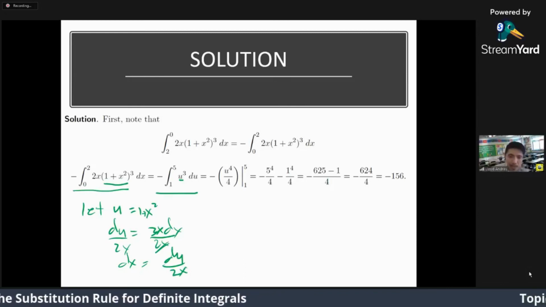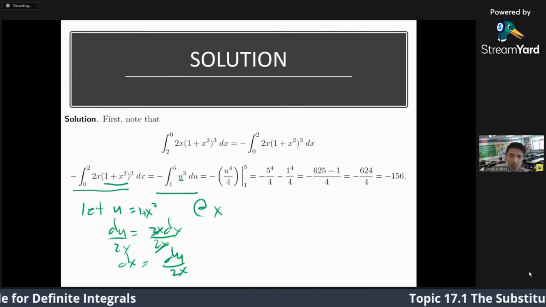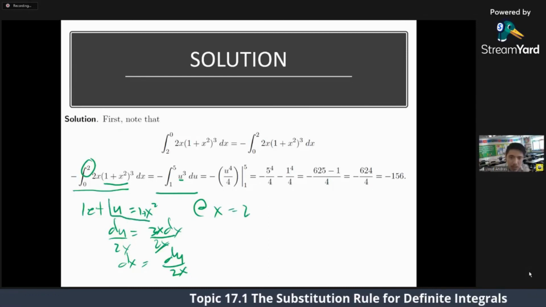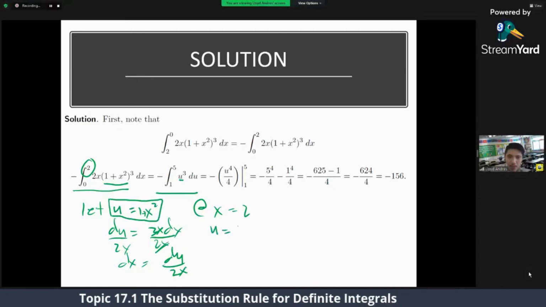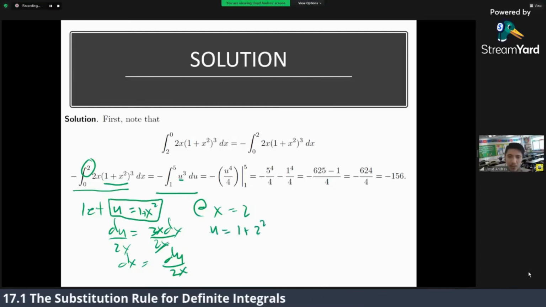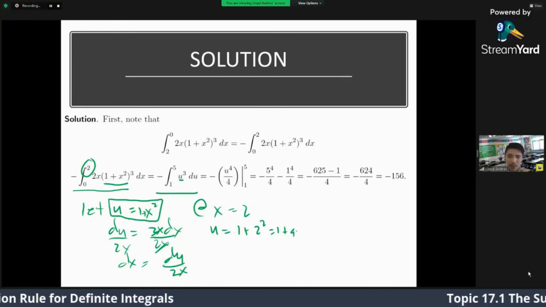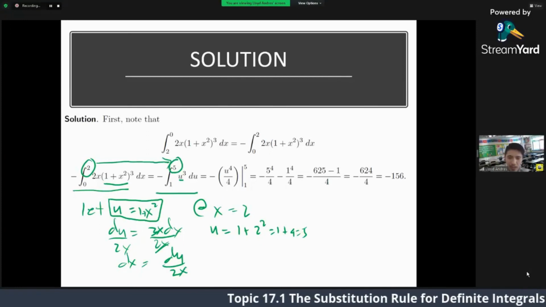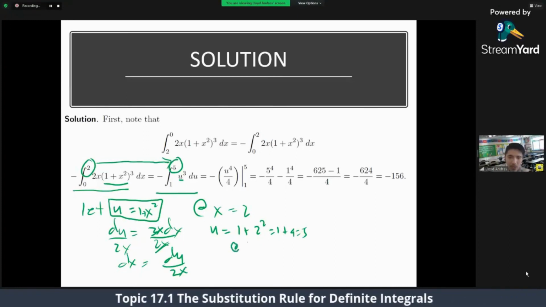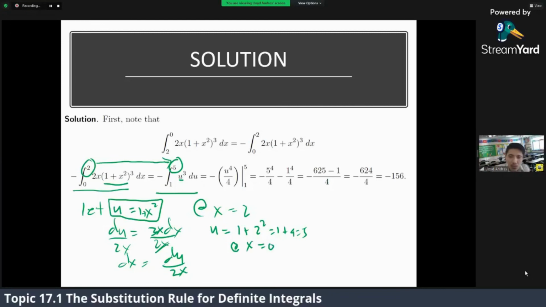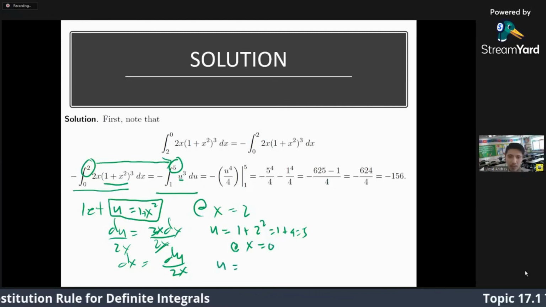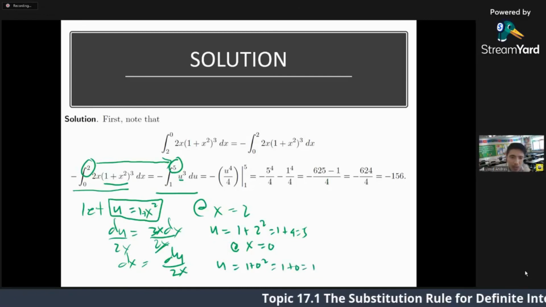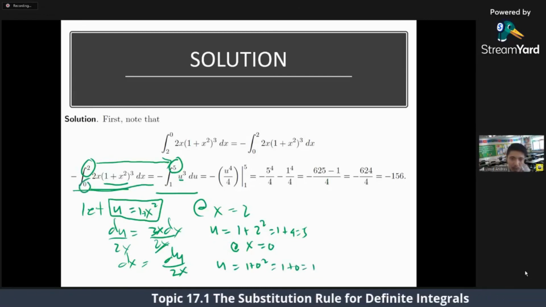Then at x equals 2, u is equivalent to 1 plus 2 squared, which is 1 plus 4, which is 5. At x equals 0, u equals 1 plus 0 squared, which is 1 plus 0, which is 1. So the 0 becomes 1 and the 2 becomes 5.